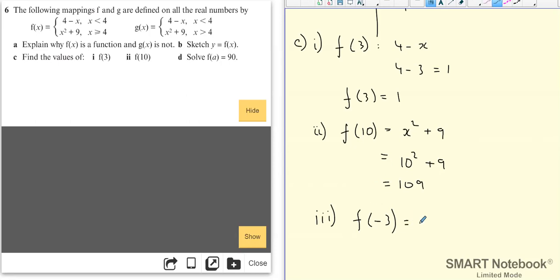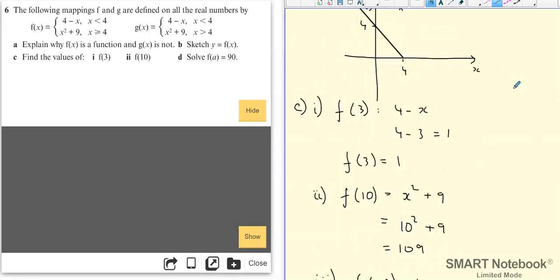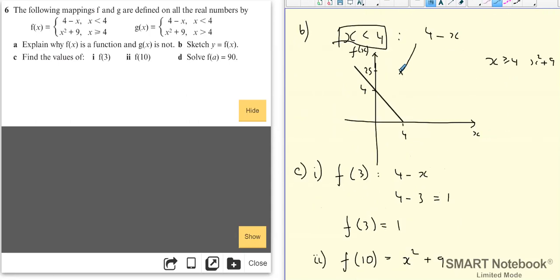I'm going to answer your question just 1 second. So 4 minus minus 3, which is 7. That 25 is when I substitute 4 into this equation. So 4 squared is 16 plus 9 is 25.